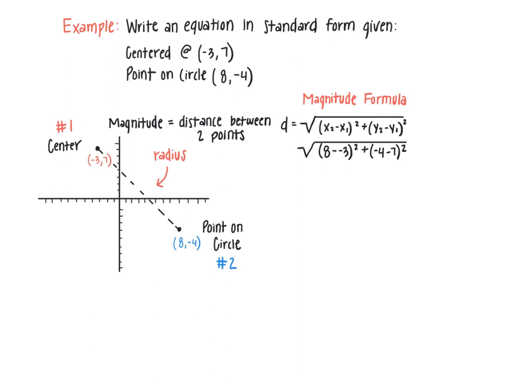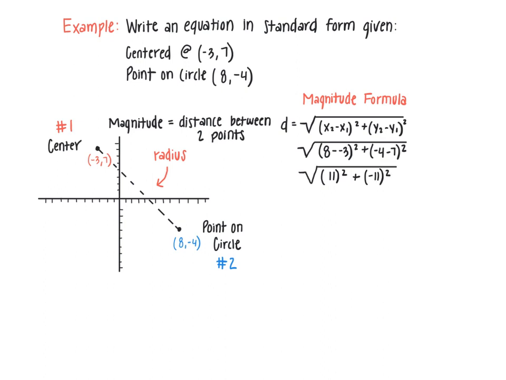And we're going to take the square root of that. So 8 minus negative 3, that actually becomes plus, which is 11 squared, and then negative 4 minus 7, which is also going to be, sorry, it's going to be negative 11 squared.